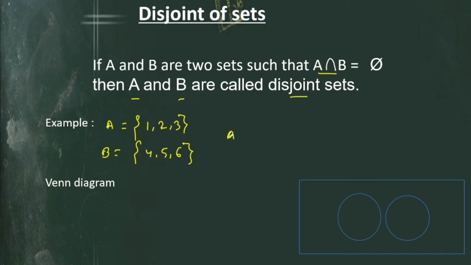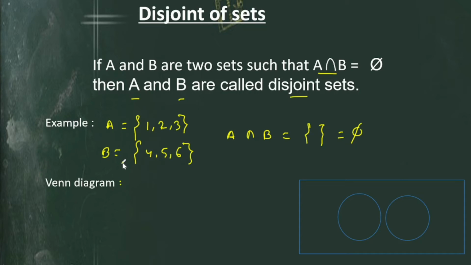If I perform A intersection B, we have to take the common elements of A and B. 1, 2, 3 is there, but 4, 5, 6 has no 1, 2 or 3, so no common element is present. In that case we will get the empty set, which we symbolize as φ, and A and B are said to be disjoint sets.